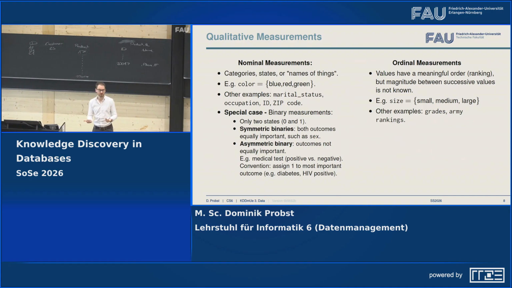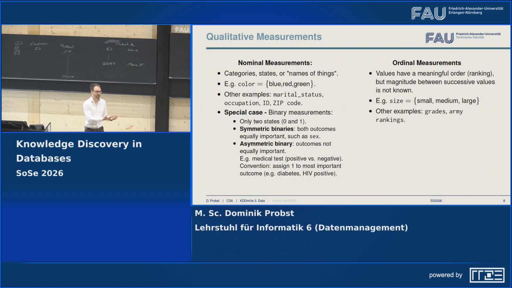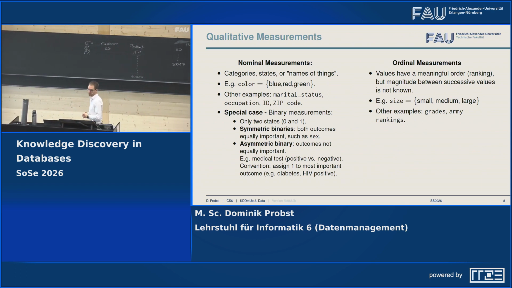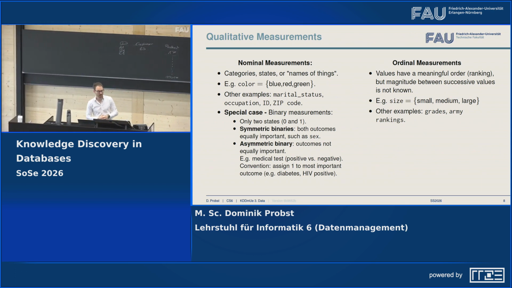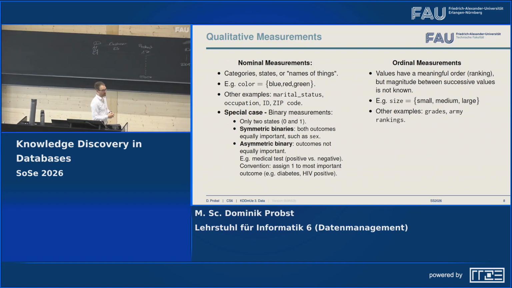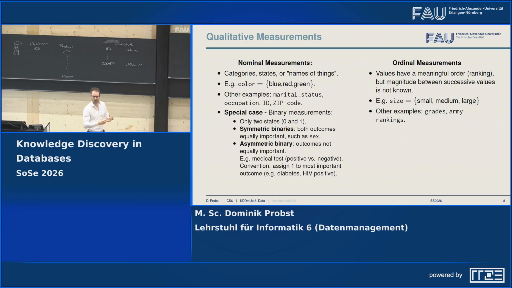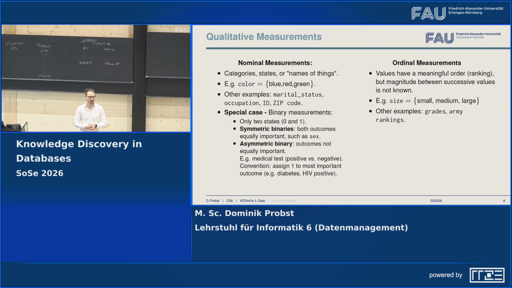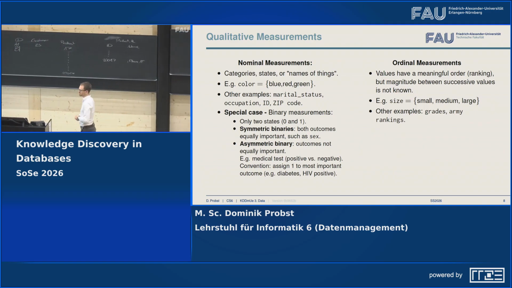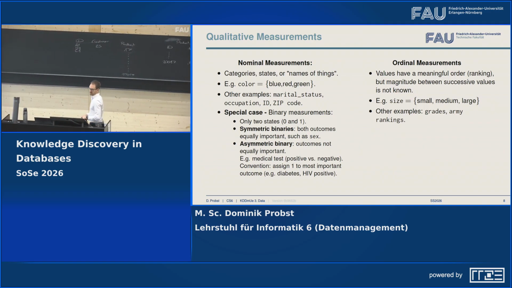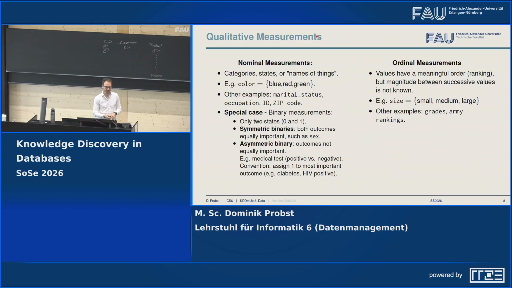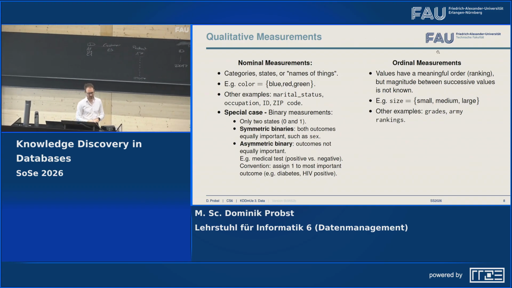A small thing is smaller than a medium thing. A medium thing is smaller than a large thing. So ordinal measurements have a meaningful order to them. Other examples might be grades, army rankings, and so on, whether a major or general or things like that. So we can further divide qualitative measurements into nominal and ordinal measurements.